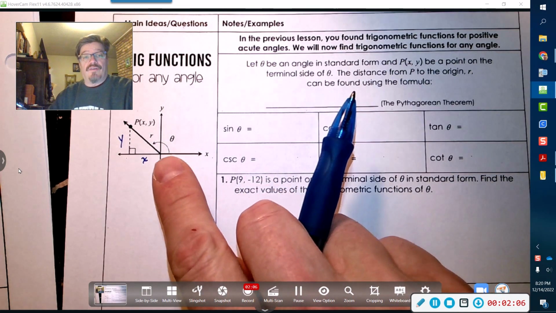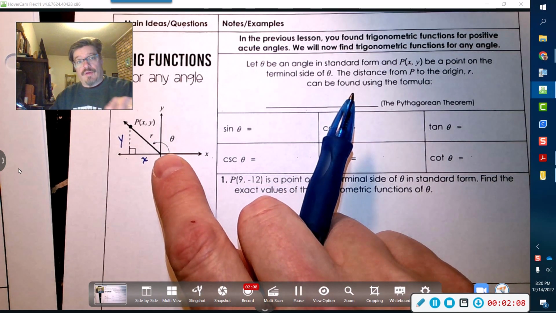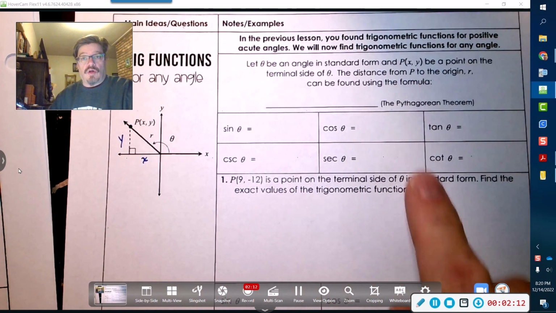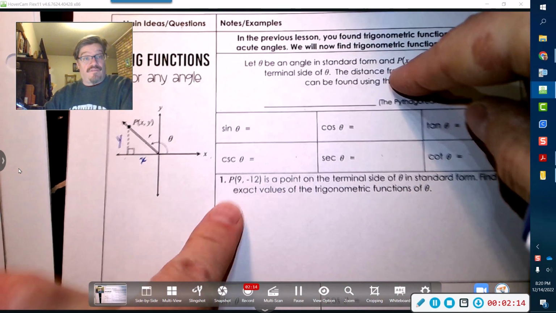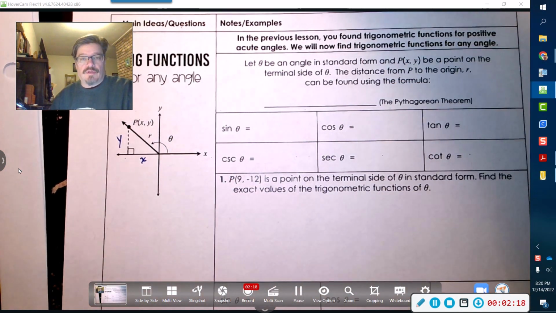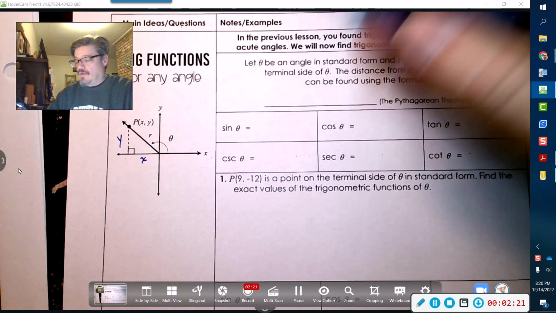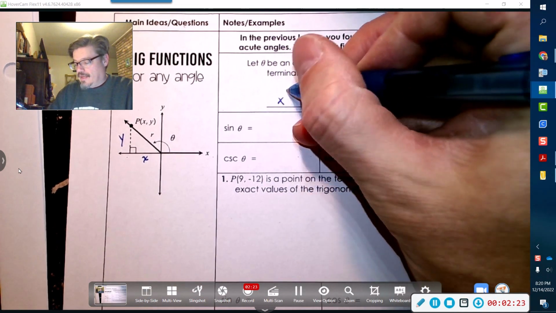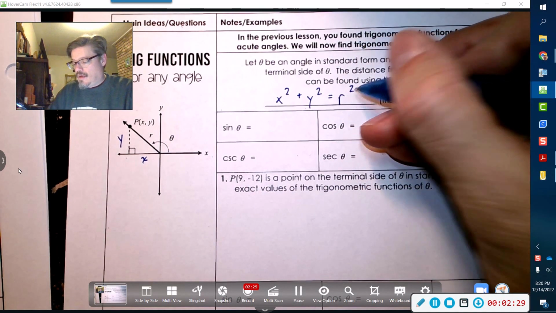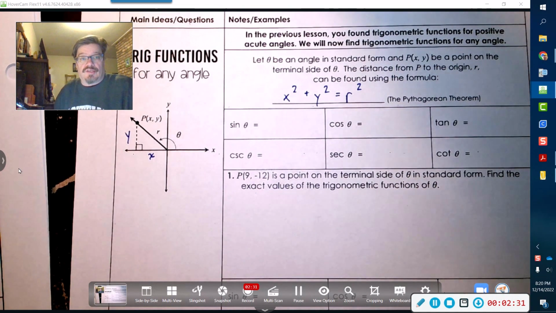So if I have a frame of reference, a point that I want to locate on a map, and I draw out to here, if I know its latitude and longitude, I can figure out the distance from that origin. All right, so anyways, how this would look is x squared plus y squared equals r squared. Okay, so it is just the Pythagorean theorem.